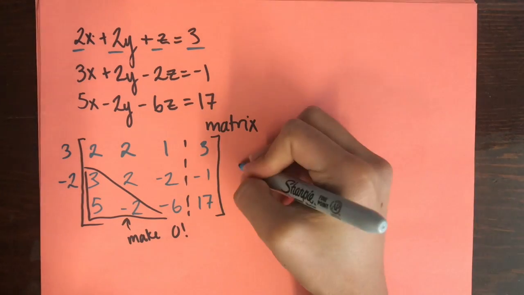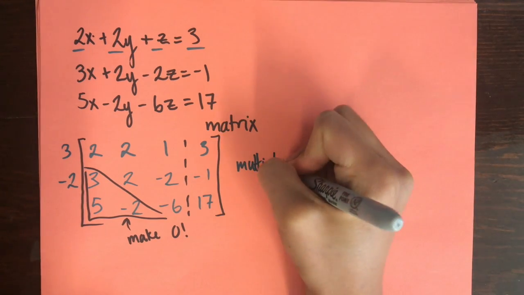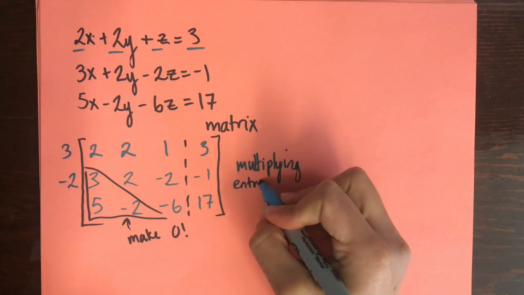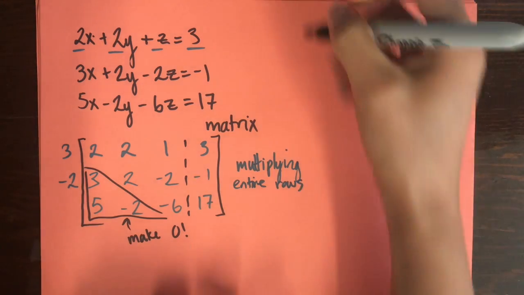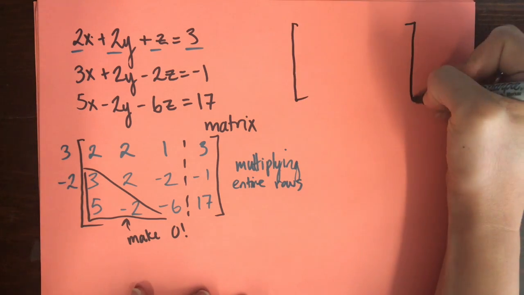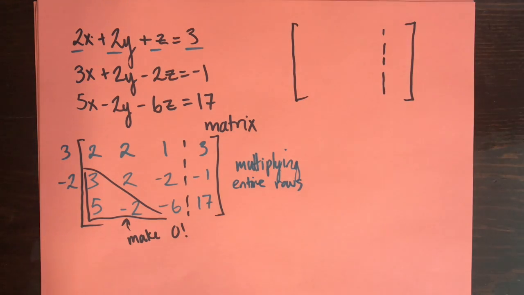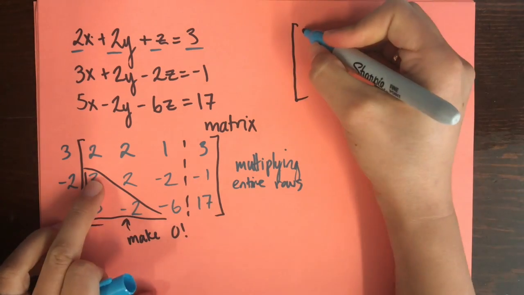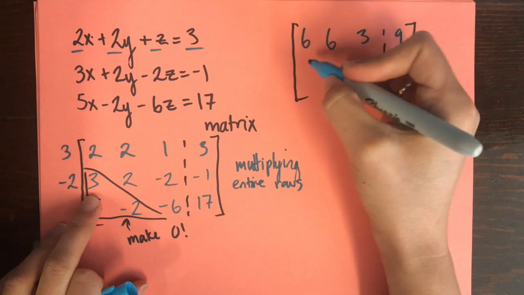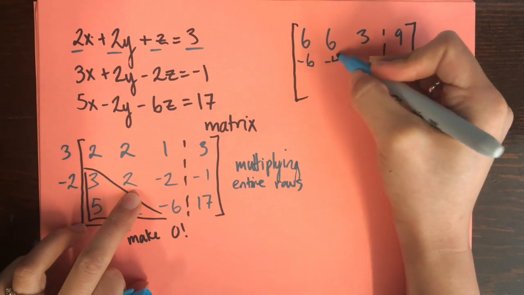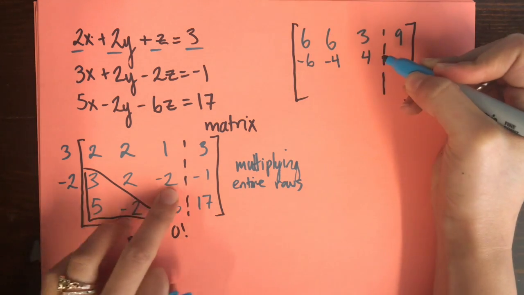So the first thing I'll do is multiply the top row by 3, and then the entire middle row by negative 2. If I do that, I end up with 6, 6, 3, 9 when I multiply the top row by 3, and then negative 6, negative 4, positive 4, positive 2.